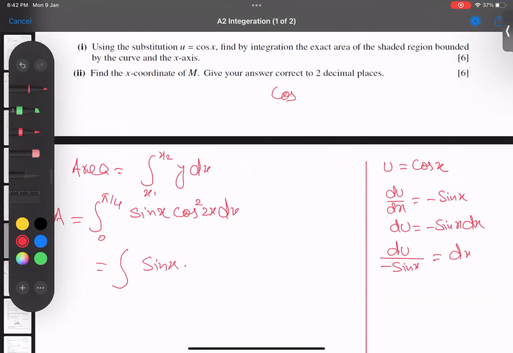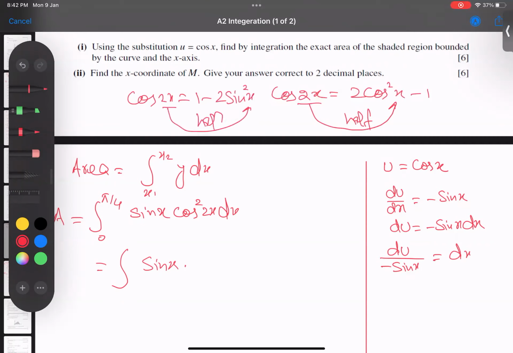One formula of cos is cos double x, which is actually 2 cos square x minus 1, with the angle halved here. The second formula, which is important here with us, is 1 minus 2 sine square, again with the half angle. So which formula is suitable for us to use? It depends upon the given situation. Given cos x, it's very clear, I will use this formula. If sine x were given, then I would use this formula.